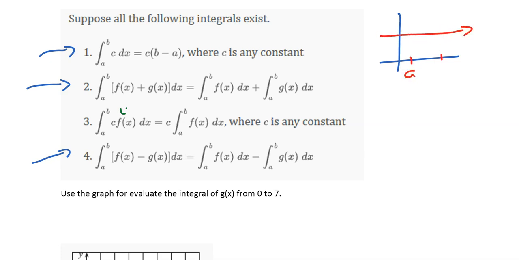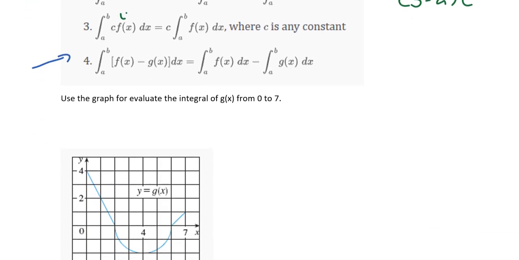Between a and b, with the constant up here, the y-coordinate c, what's the base times the height? The base is b minus a. The height of that is c. So that's all number 1 is. And number 3 says that if you have a constant multiple times your function, you can always factor that out of your integrand.